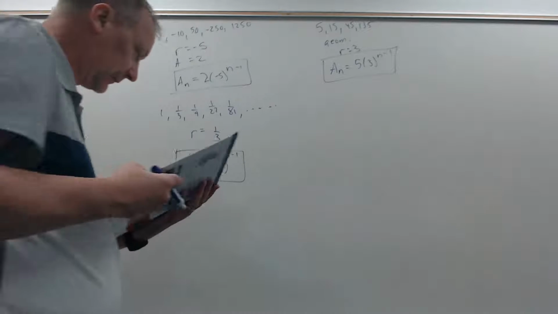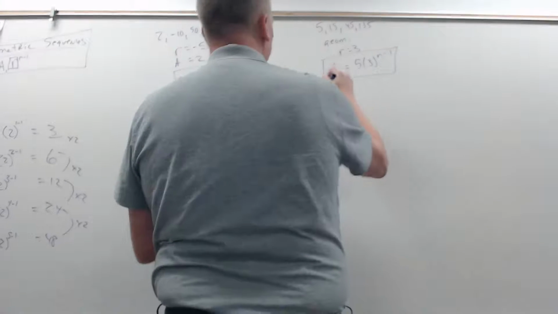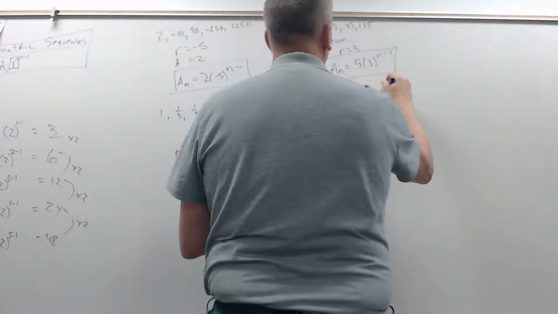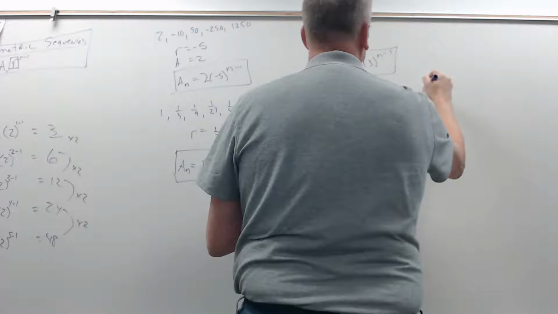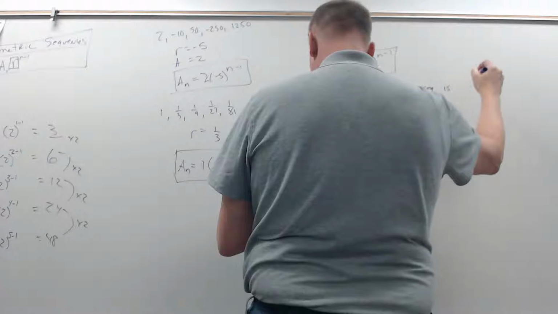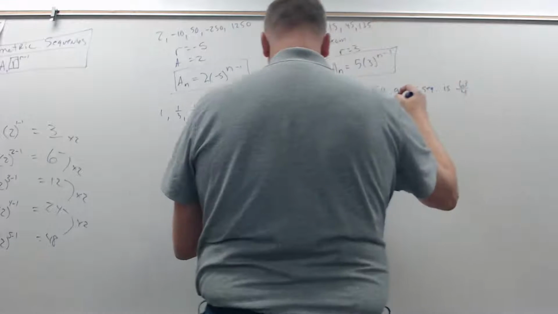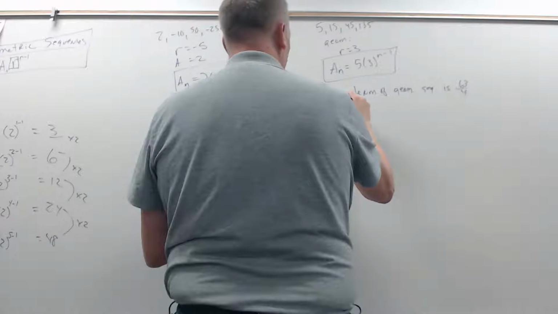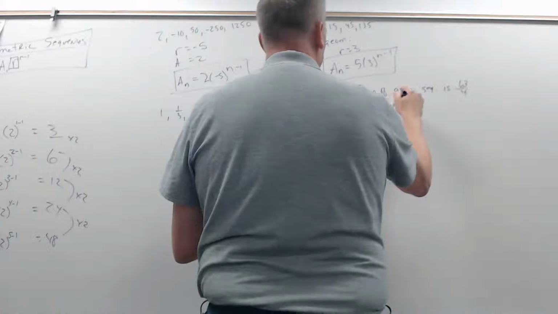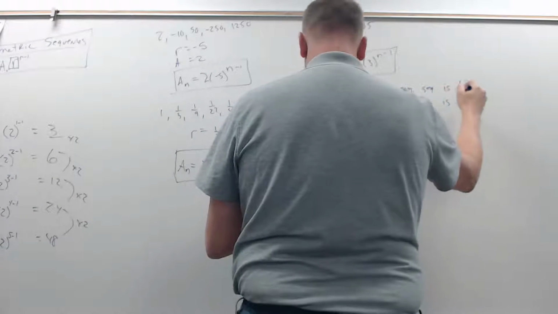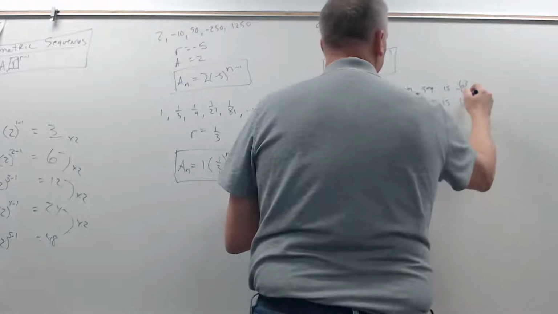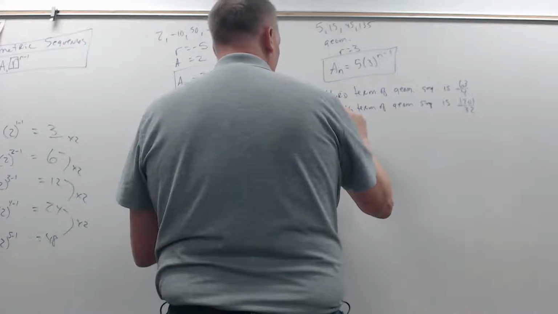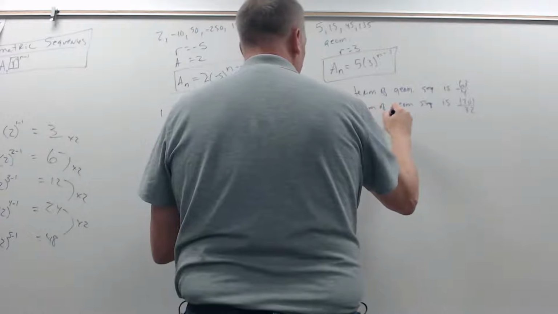What if I said that the third term of a geometric sequence is 63 over 4, and the sixth term of a geometric sequence is 1701 divided by 32, and I say find the fifth term.